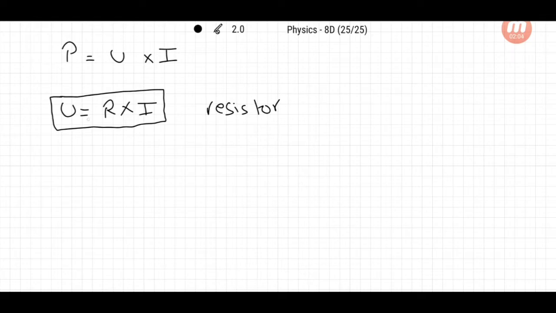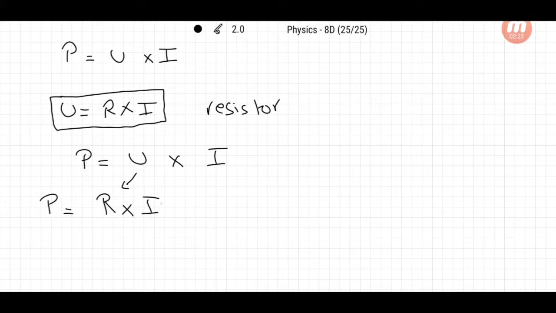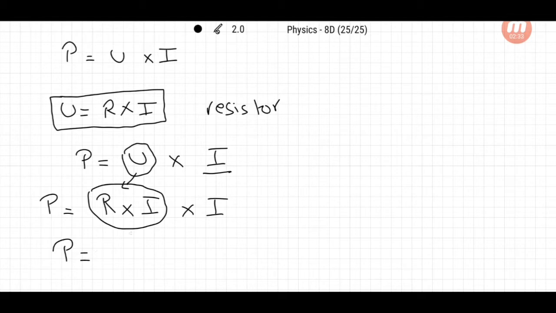Now, if I replace U by R times I in P, so I know that P equals U times I, and U is equal to R times I, so P becomes R times I, times I. I times I is I squared, so P equals R times I squared.